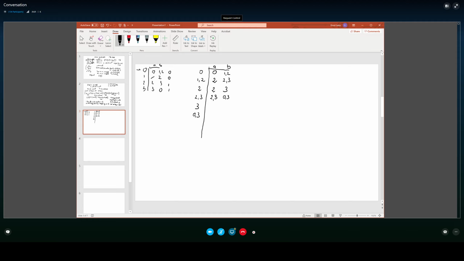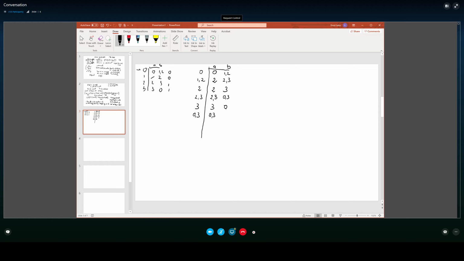Then I have 3. 3 under A is 3, which I have already. 3 under B is 0, which I also have already. So that is that. And then 0, 3 under A is 0 and 3, so the union is 0, 3, which I have already.